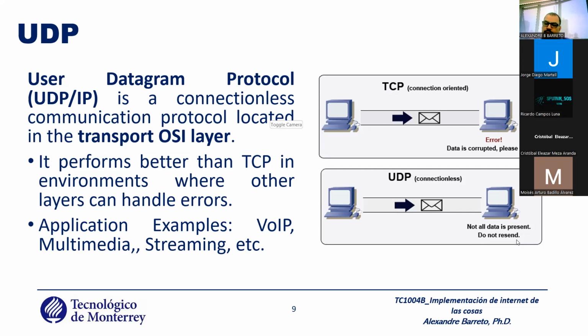When you use UDP, you consider that the application can handle the error, or that handling the error is worse than having the error. Did you understand? For example, UDP is used in VoIP and real-time multimedia streaming applications, okay? Did you understand the difference?